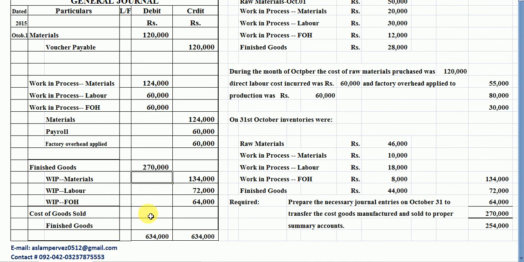Now cost of goods sold is 2,54,000 rupees here. And finished goods is credited 2,54,000 rupees here. Students, this is the second requirement, cost of goods sold. And this is the first requirement, cost of goods manufactured, which is in front of you. Students, we have passed all the entries against this problem.